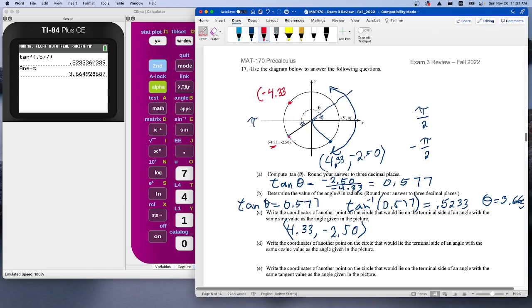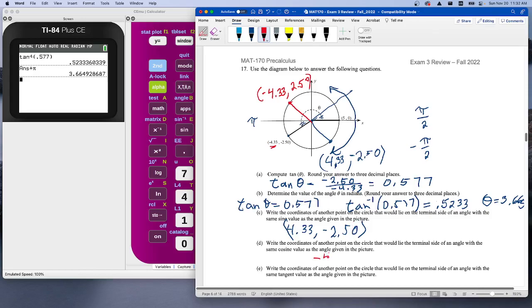But now that we're in the second quadrant, what's the y coordinate going to be? It would be positive 2.5. Now, they didn't ask us for the angle, which is nice. We could find it if we had to, but they're just asking us for the coordinates. It's going to be positive 2.50.